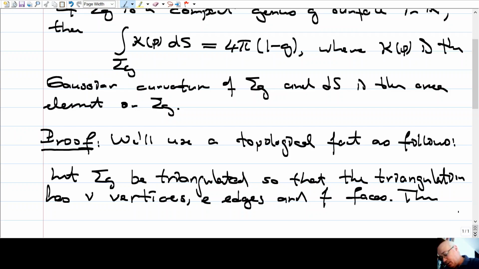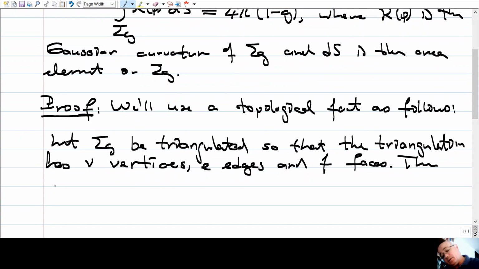Then the integer V minus E plus F is equal to 2 minus 2G. So this alternating sum is independent of the triangulation.